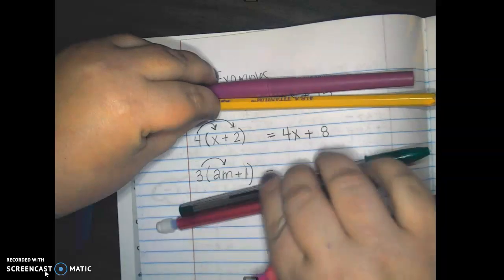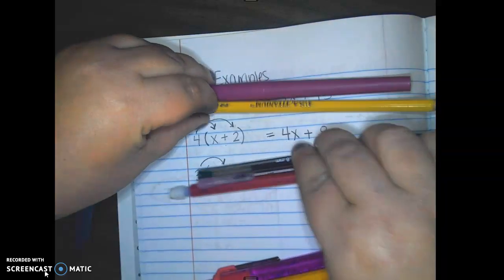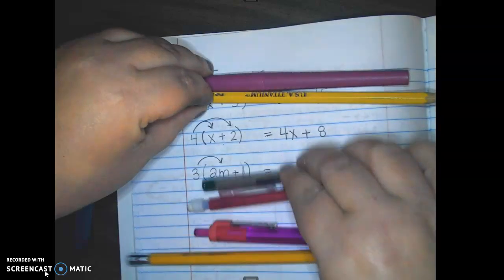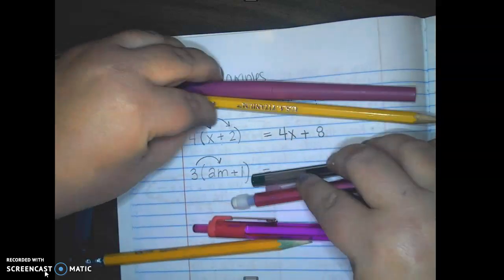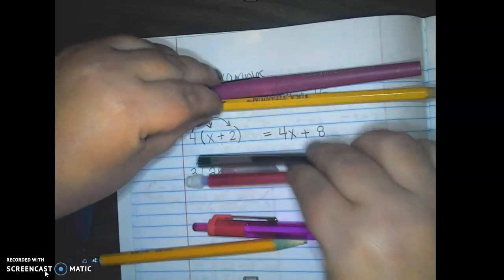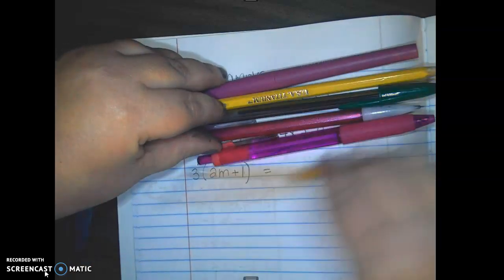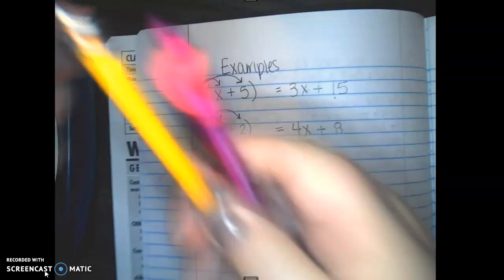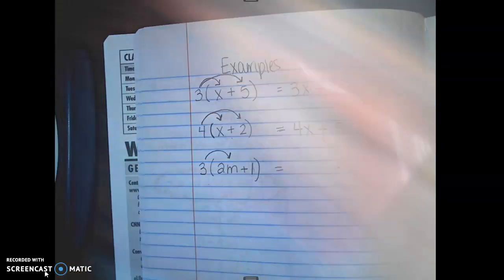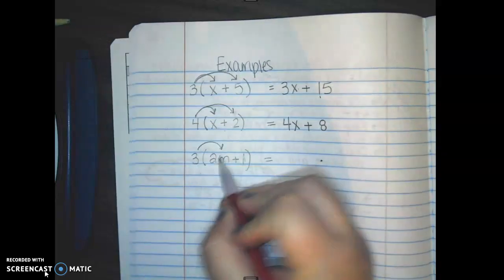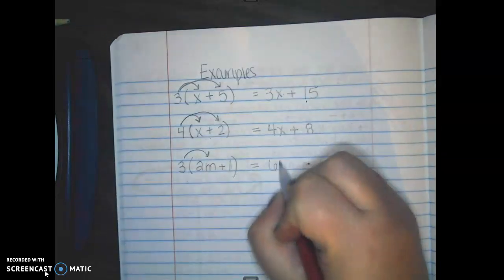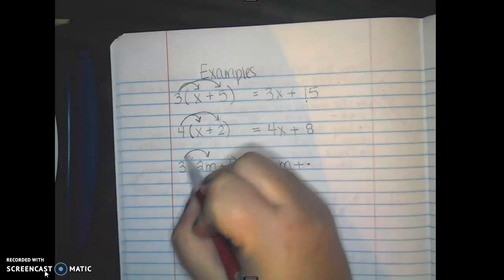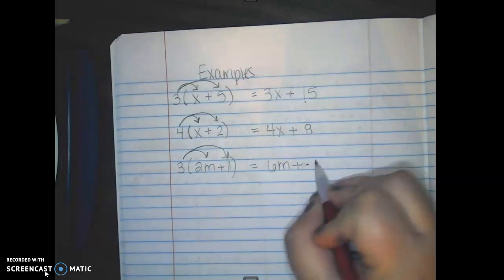Here's 2 writing utensils. Here's 2 writing utensils. Okay? So if I have 3 groups, because there's 3 groups of 2m, and I combine them, I have 6m. 1, 2, 3, 4, 5, 6. So 3 times 2m is 6m. Used in addition. 3 times 1 is 3.